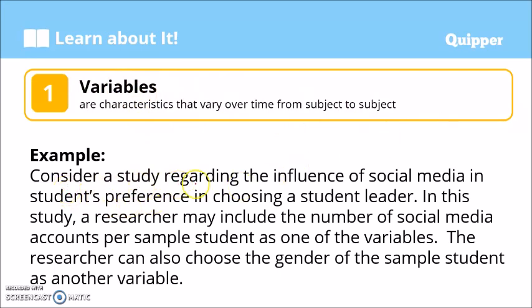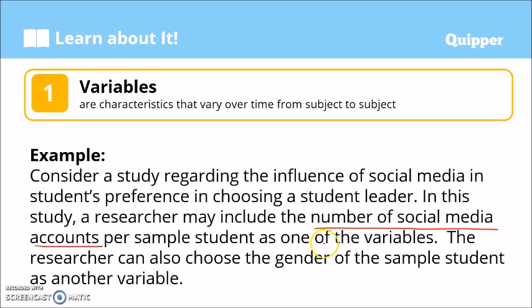Example, consider a study regarding the influence of social media in students' preference in choosing a student leader. In this study, a researcher may include the number of social media accounts per sample student as one of the variables. So, ilang social media accounts ba meron sa isang estudyante?